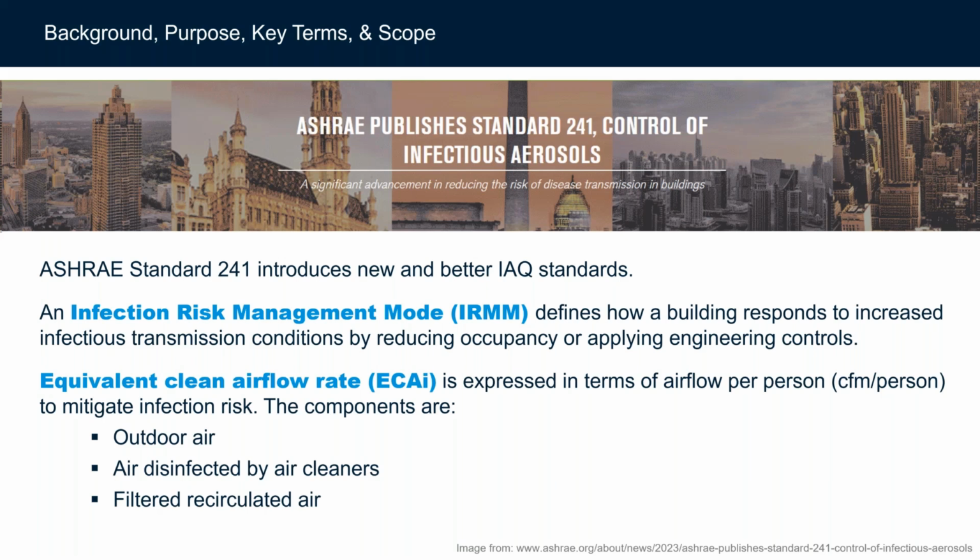Maybe it's a school. They can leverage this for the stomach bug or the flu is going around. Some aspect of this whereby you want to increase the rate of response for infection transmission risk and lower your risk mitigation inside that space, you go to the infection risk management mode. That's the intention of that.